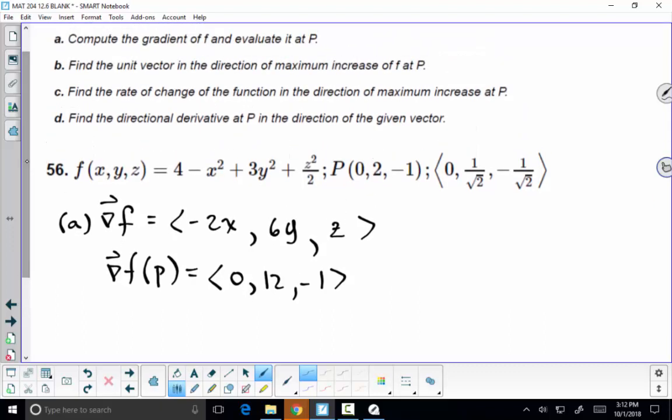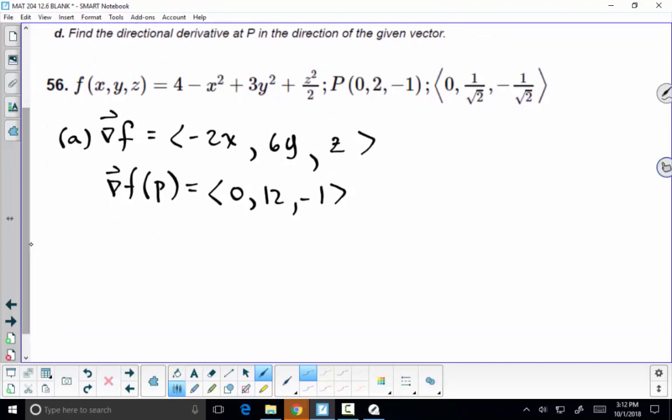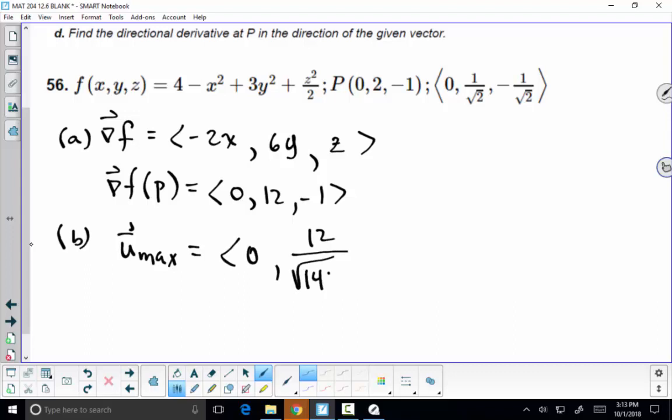Okay, so there's the gradient. Pretty simple. Find the unit vector in the direction of maximum increase. We'll just call it Umax. All we have to do is divide this vector by its length. So 12 over the square root of 145, minus 1 over the square root of 145. So that's our unit vector in the direction of maximum increase.